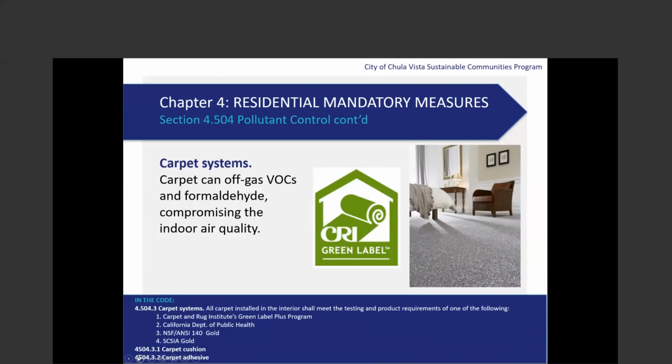CALGreen just recognizes and accepts compliance if you select a carpet that meets the requirements for CRI's Green Label Plus program or 3 other standards widely available. CALGreen compliance also requires the use of low VOC carpet pads and cushions, as well as adhesive. So this can be easy to miss, and so I bring that to your attention here. Next, please.